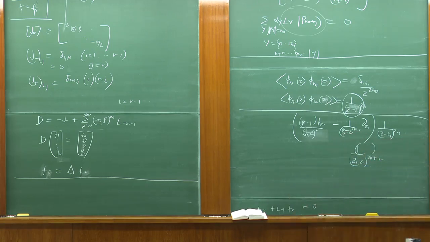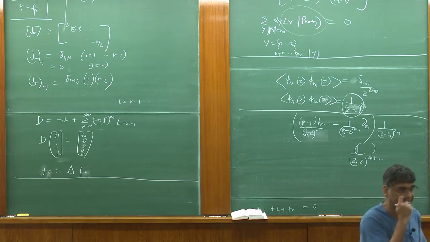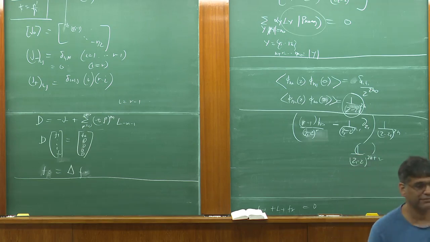This is going to be true every time we act. So in the end, if we act with a descendant at level mod y, we will get 1 over z1 minus z to the power 2h h naught plus mod y, and we will get some effective number.